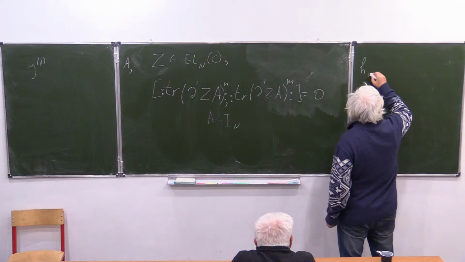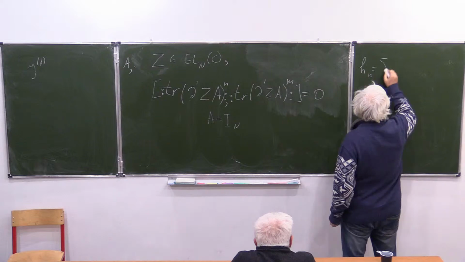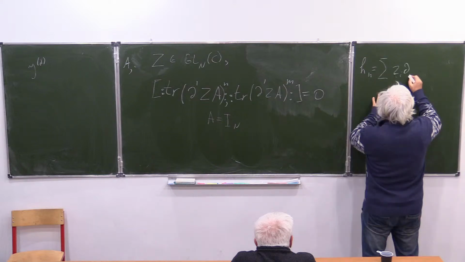These Hamiltonians are, where z_i are eigenvalues and d is the derivative with respect to these eigenvalues, d/dz_i.